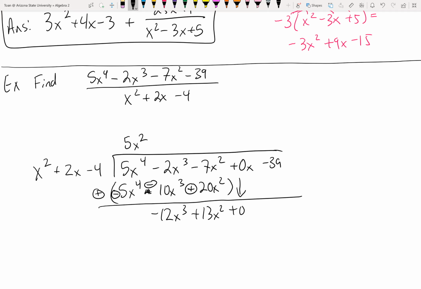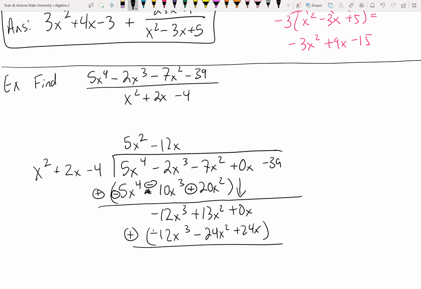Bring down the 0. Then repeat, take the negative 12x cubed divided by x squared. So that's going to give you a minus 12x. Multiply: negative 12x cubed minus 24x squared plus 48x. Subtract, but instead of subtracting, just flip all the signs. This becomes a plus, this becomes a plus, that becomes a minus.